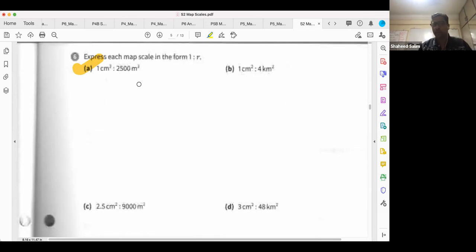You don't need to square root it because they didn't ask you for the scale in length. Okay, don't worry, don't square root it. Just remove the unit, change the unit, make it the same. They didn't ask you for the ratio of the linear scale. Okay, you just give the same. It's the same thing.